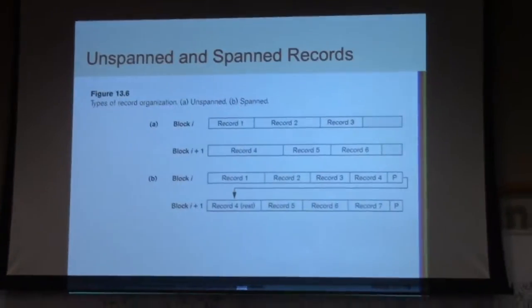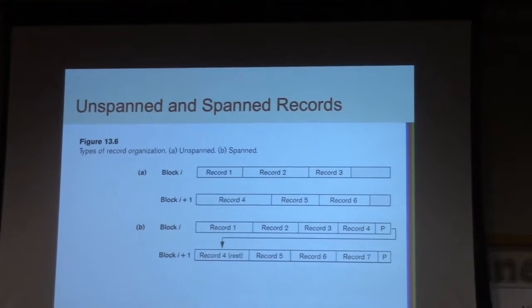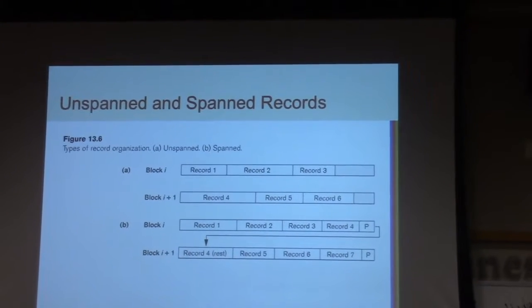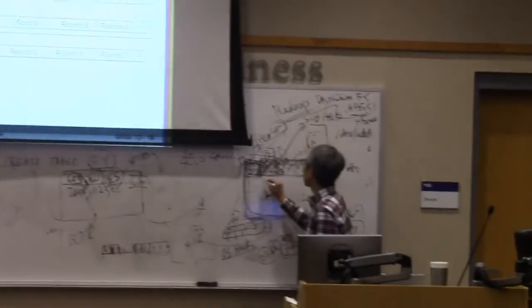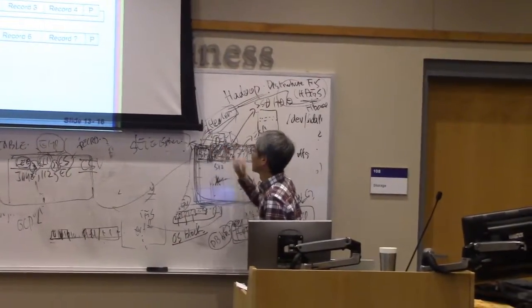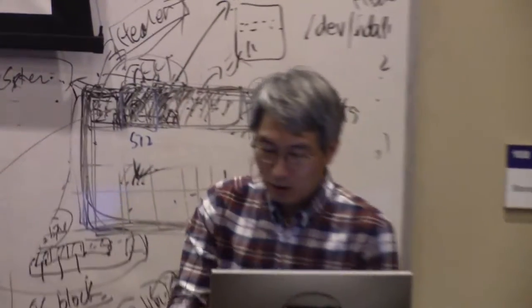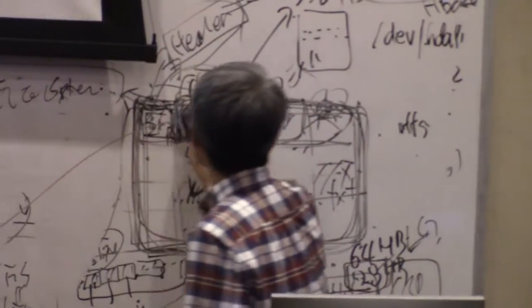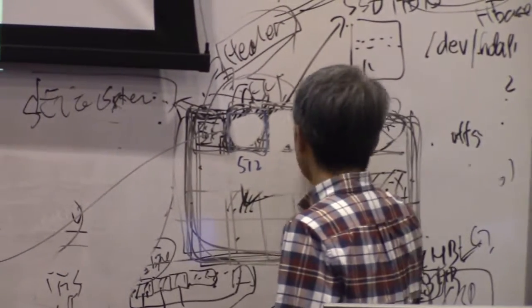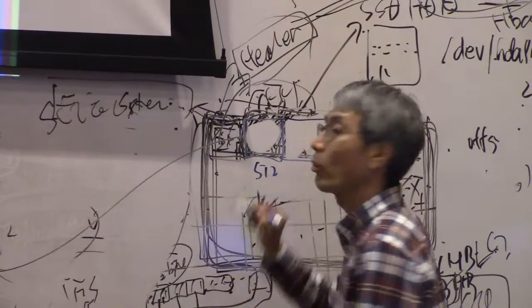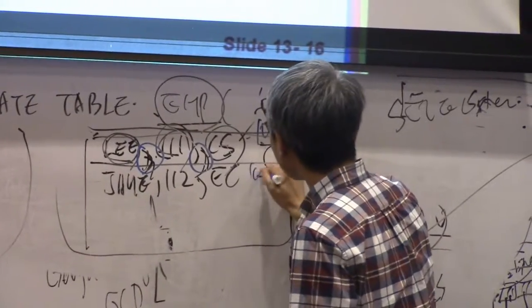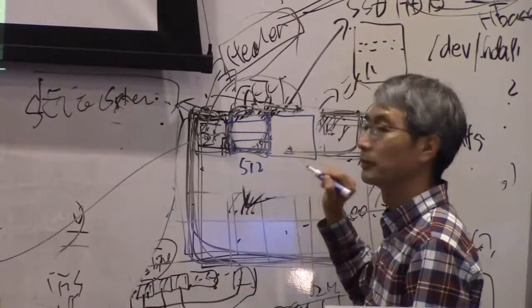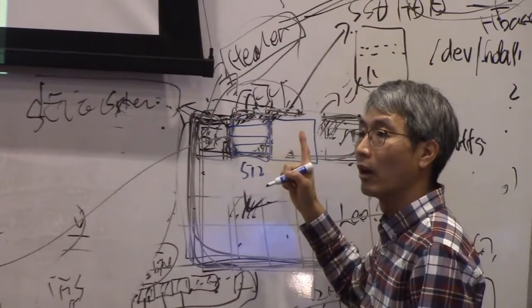Okay, then each file, you can easily understand, spanned and unspanned. Each block is 512 bytes. Then we have a record size of 100 bytes. So each record is 100 bytes, 100 bytes. How many records can you keep in our block?